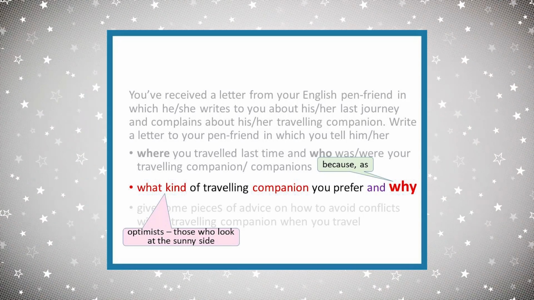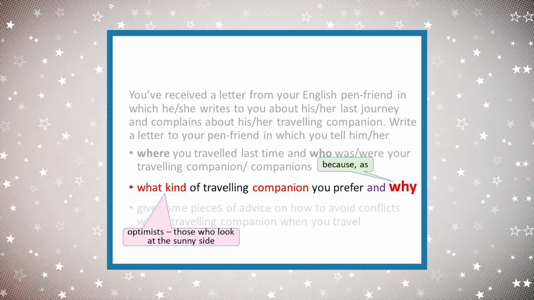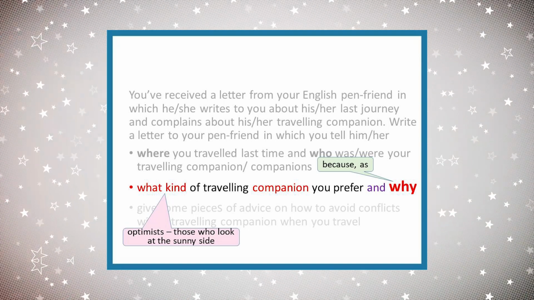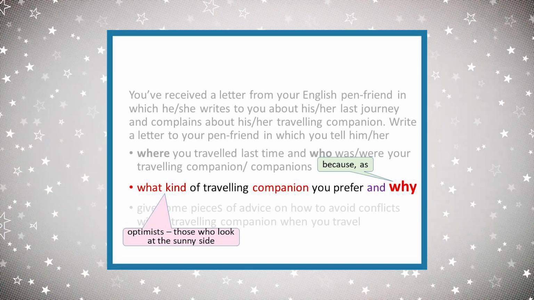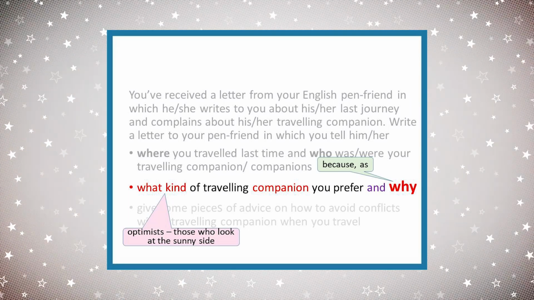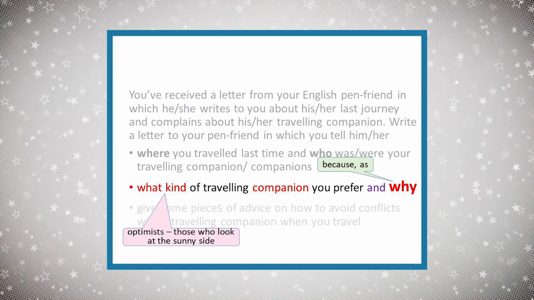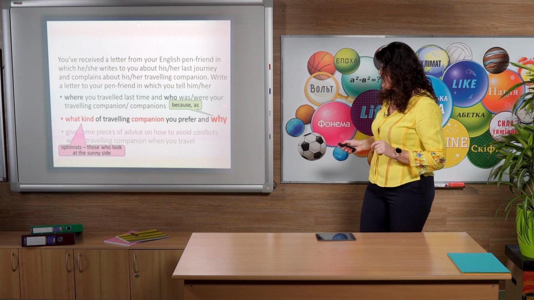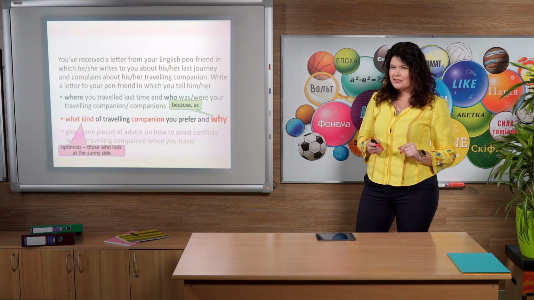Right? Good. So, analyzing the second condition, we can see that it consists of 2 parts. We should give some personal characteristic with explanation. Every time, mind why. Ready?